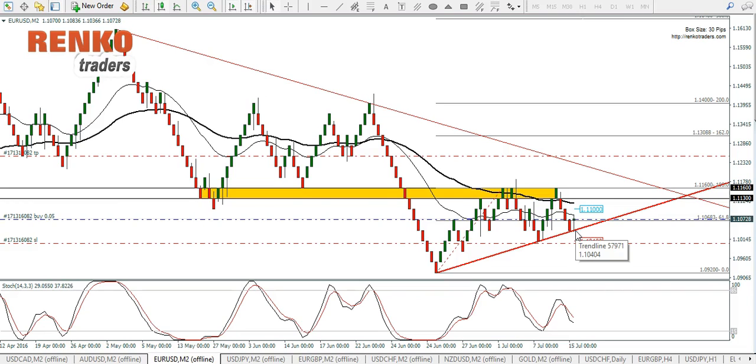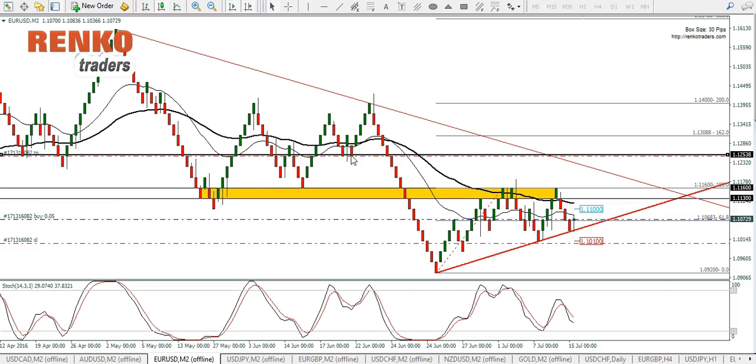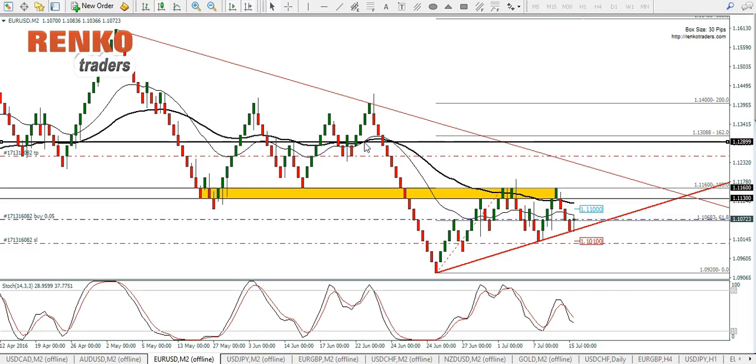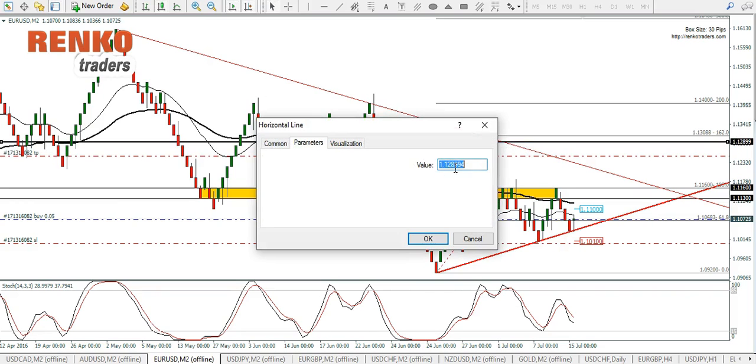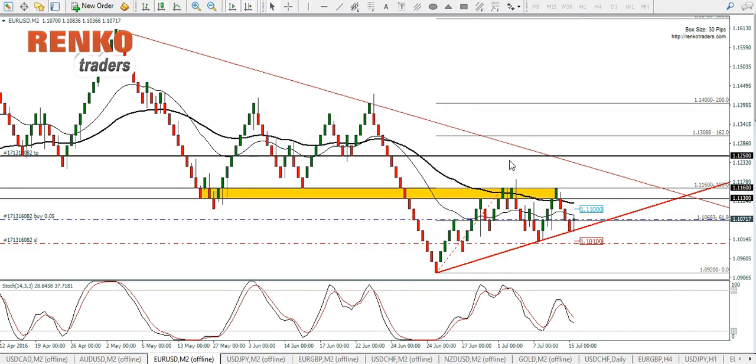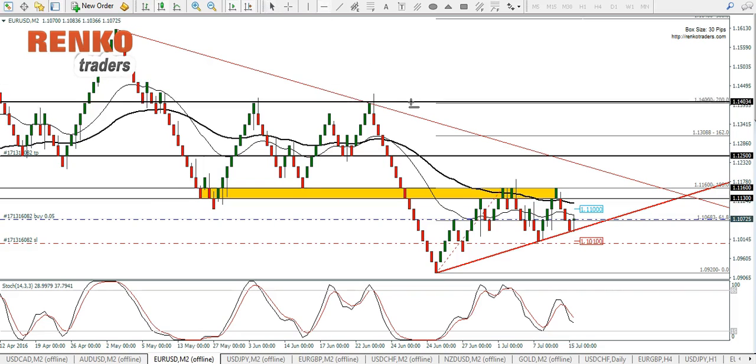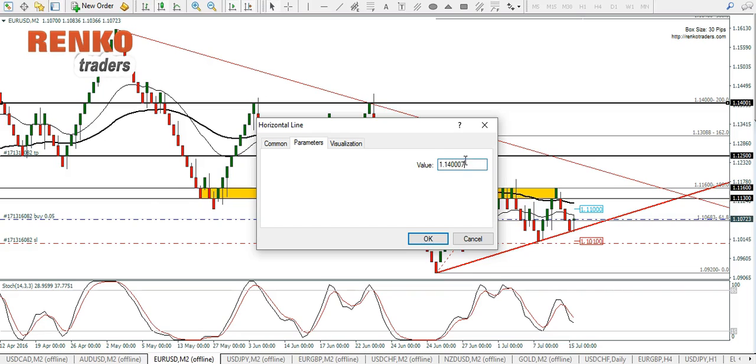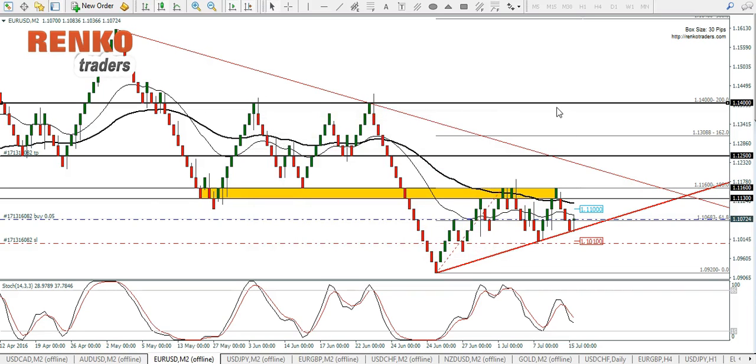You can see that I already have a minor long position set up here in anticipation of a move to the upside. I've got my initial target set to 1.125, and following that we could expect a move towards 1.14, which would be a measured move target to the upside.